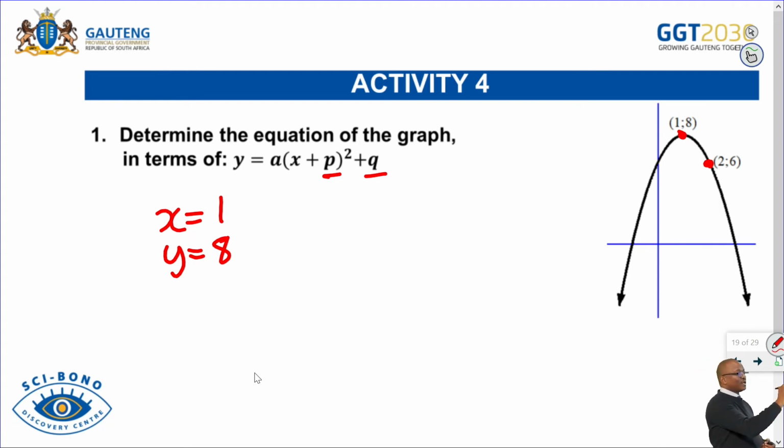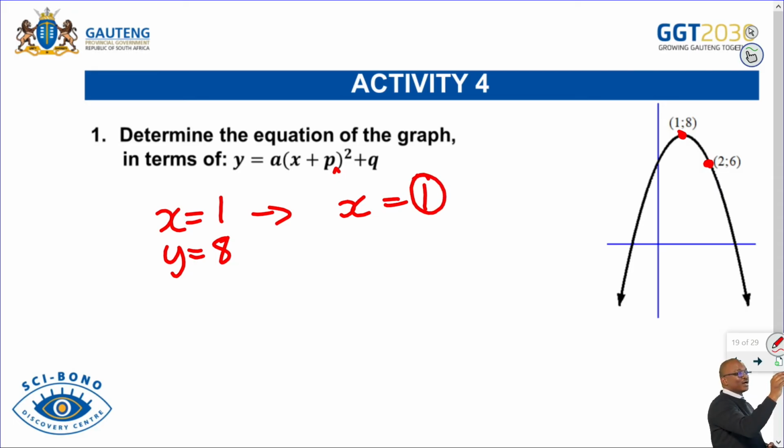So from the turning point, remember we're going to have x is equal to 1. Now we can't take this one straight to p. No. Remember, it has to be an equation that is equated to 0. So now, how am I going to make sure that this is equated to 0?